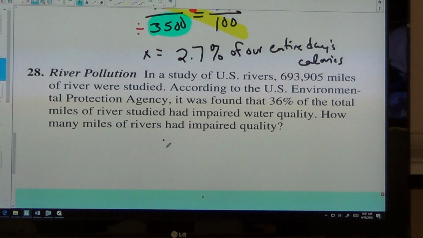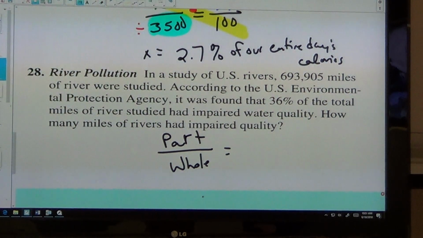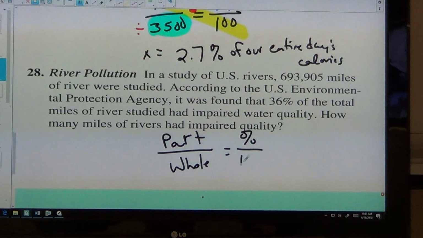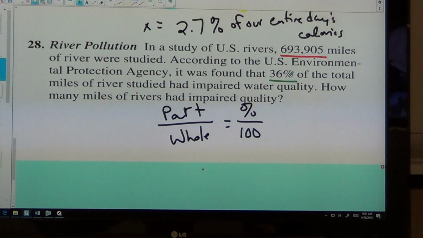They studied a bunch of water, and part of them had crappy water, and that represented a certain percent out of 100. So we've just got to figure out where to put stuff. Okay? So we only have two numbers, y'all. Where do you think we're going to put 36?